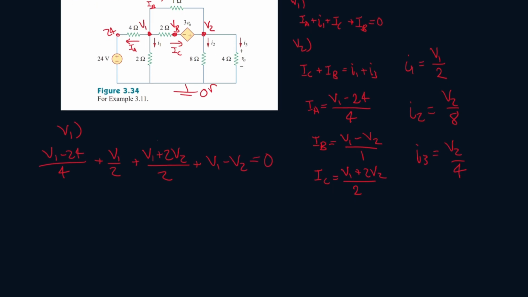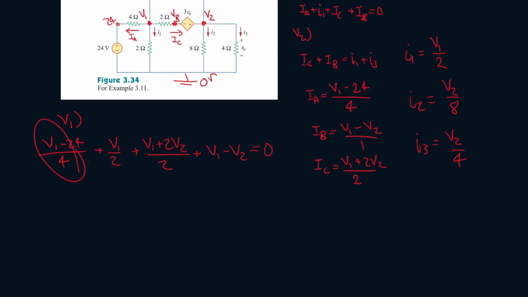Now let's simplify it. V1 over 4 plus V1 over 2 plus V1 over 2 plus V1. That gives us 2.25 V1. Then we have minus 24 over 4, which is just minus 6.